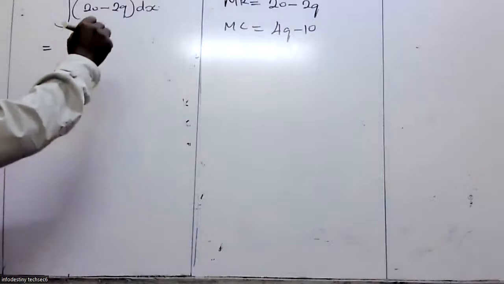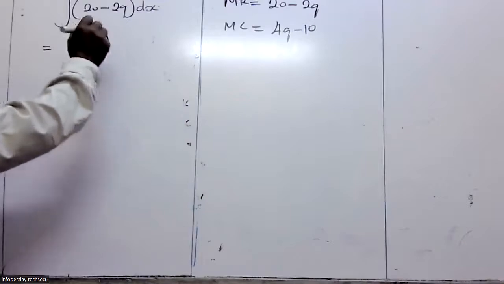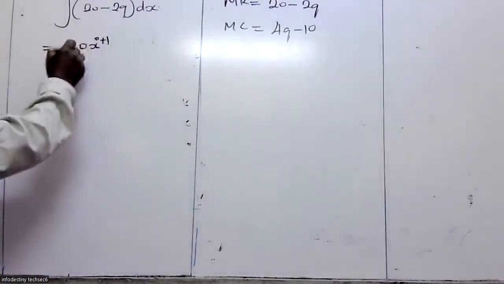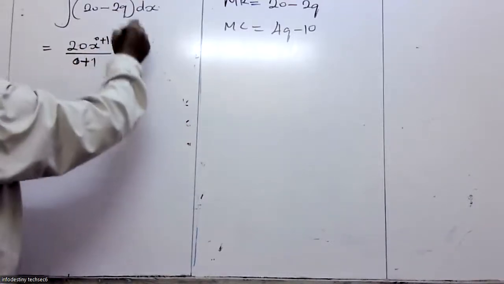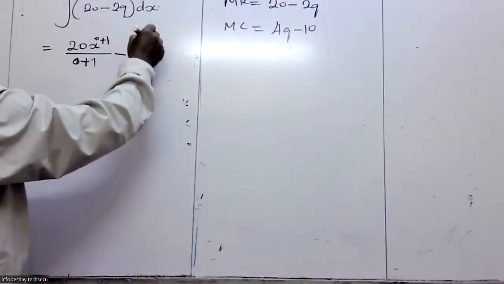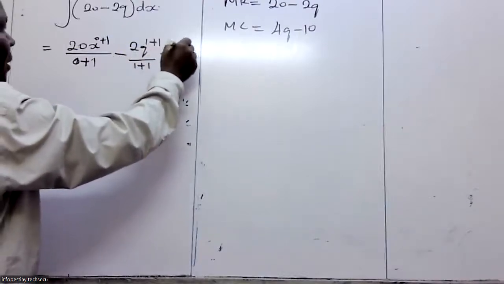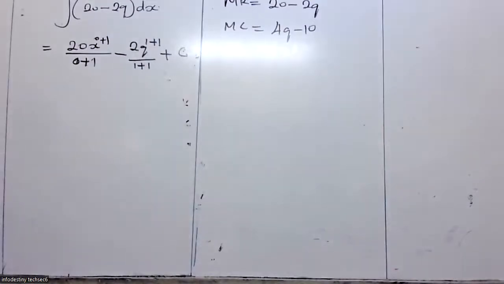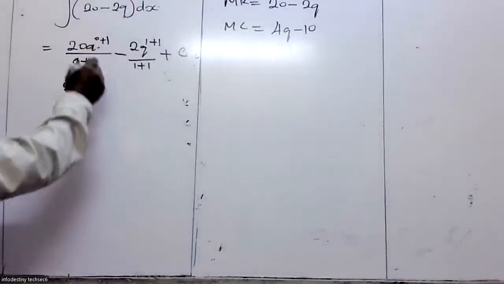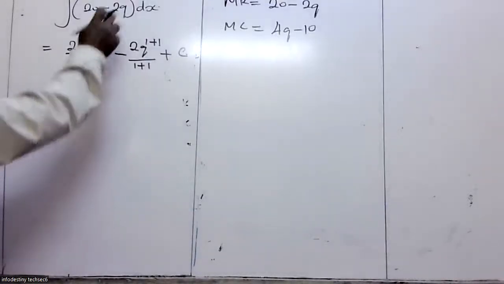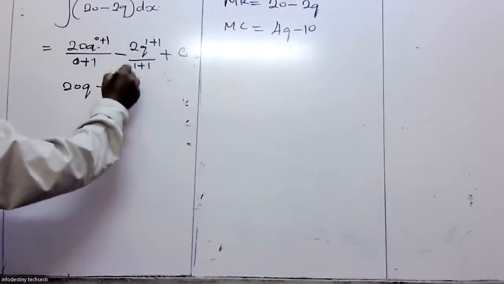Integrating, we get 20 times Q raised to 0 plus 1 over 0 plus 1, minus 2Q raised to 1 plus 1 over 1 plus 1, then plus the constant C, or K. So that gives us 20Q minus Q squared.